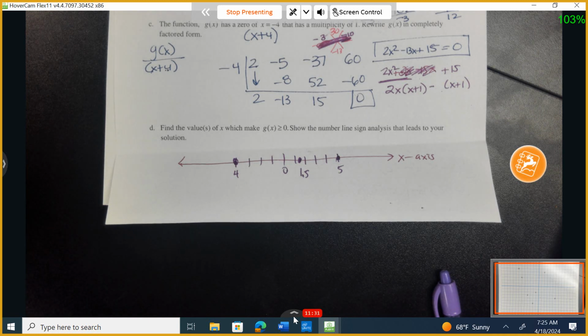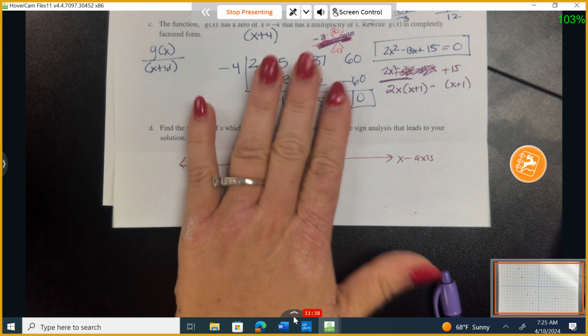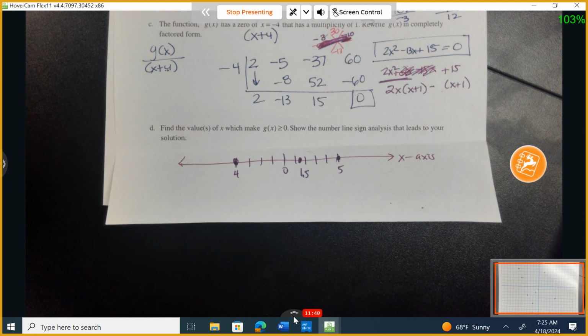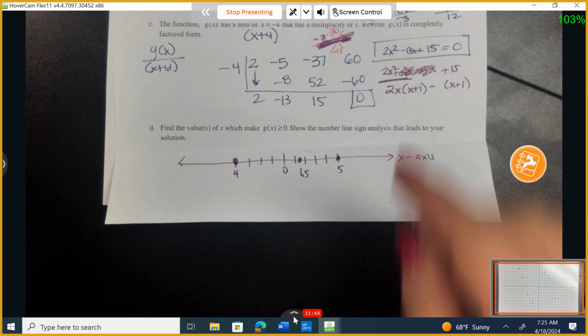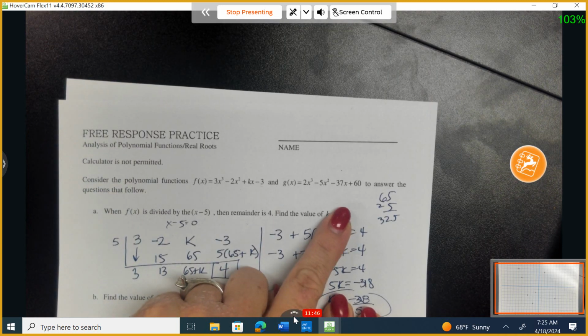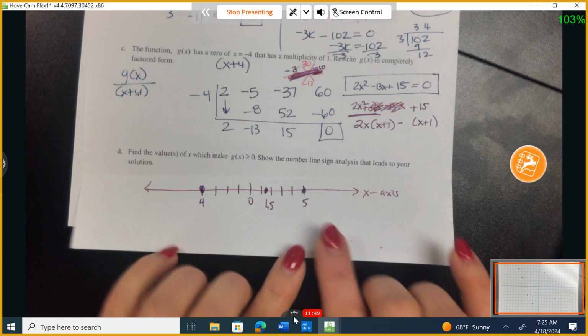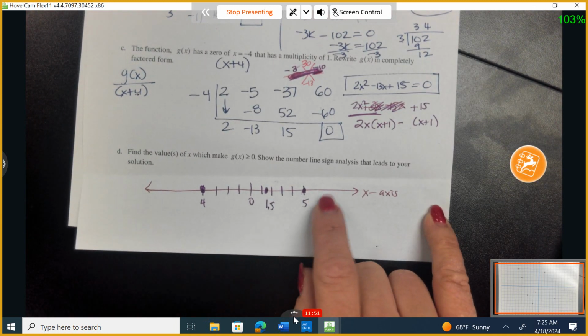I think there's multiple ways you can do this. I truly believe, without having to do the way that the author of this document created this, there's more than one way. Who knows right now, based on looking at the equation of g of x, what would be the y values over here?